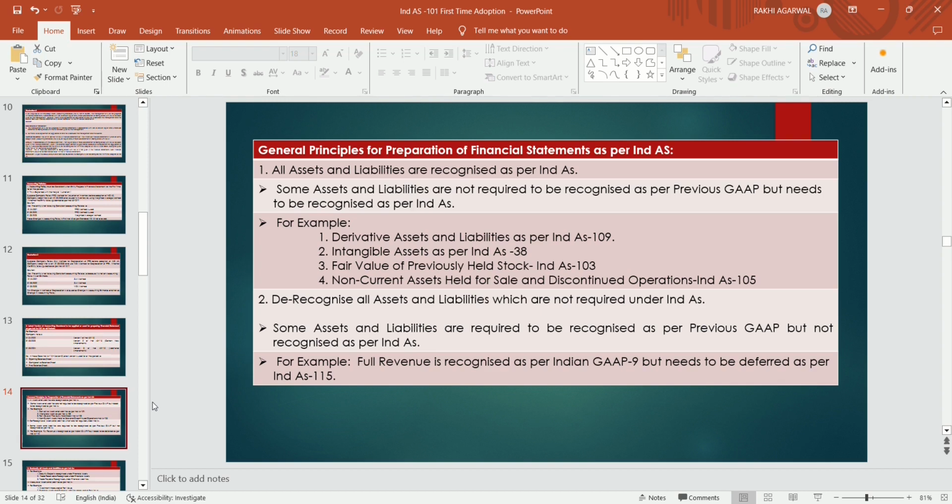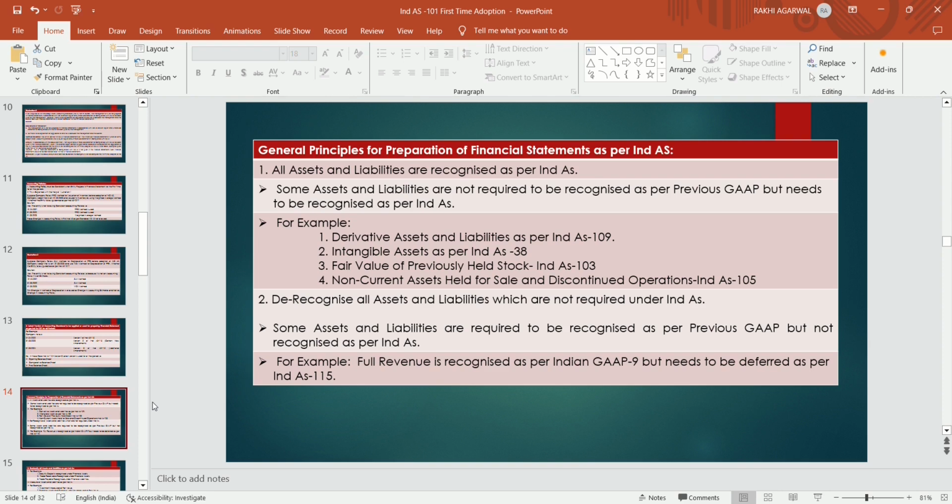For example, in revenue recognition, full revenue is recognized as per Indian Accounting Standard 9. But in Ind AS, deferred revenue is recognized as per Indian Accounting Standard 115.